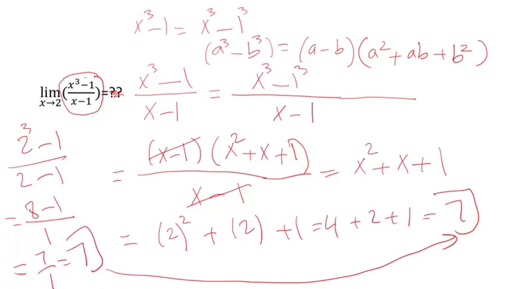However, this is important to know, because if x was approaching 1, you would have to use this. If you replace x with 1, 1 cubed is 1, minus 1 is 0, and 1 minus 1 is 0, and 0 divided by 0 is not possible.